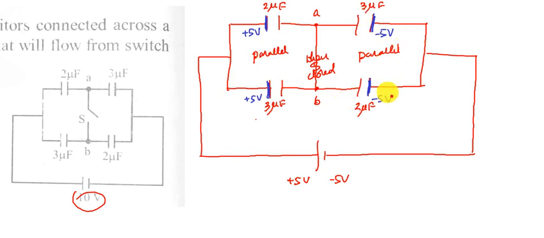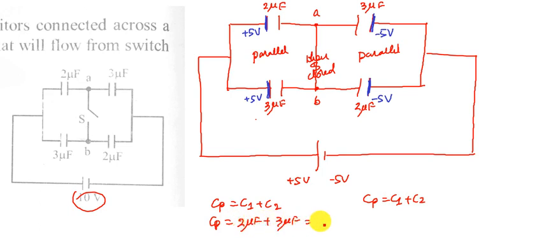Since we have the same values, I can simply calculate like this: C1 plus C2 on this side, and again C1 plus C2 on the other side. So CP equals 2 microfarad plus 3 microfarad, which comes to 5 microfarad.